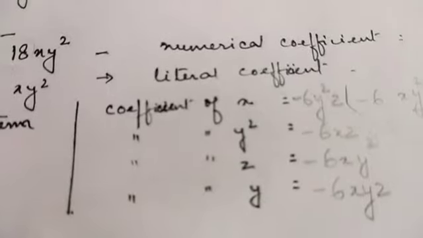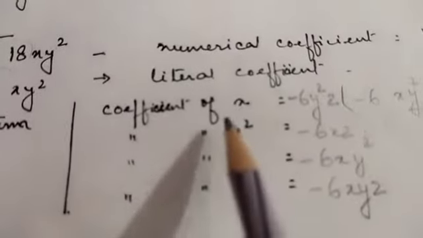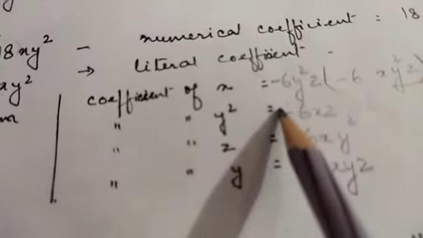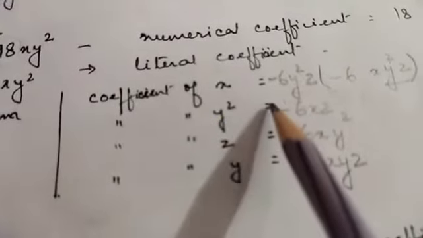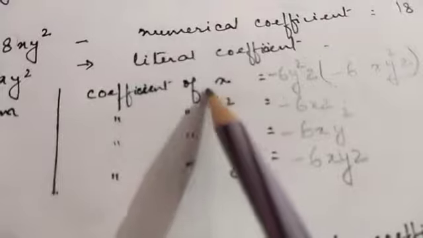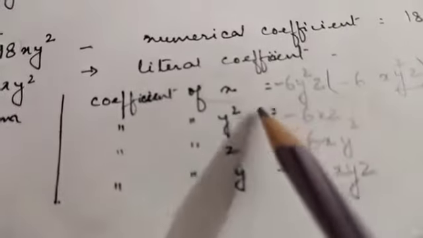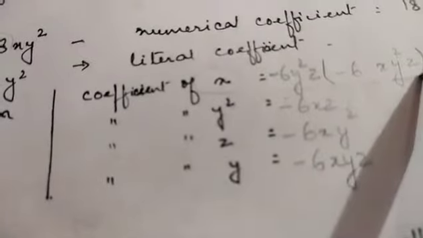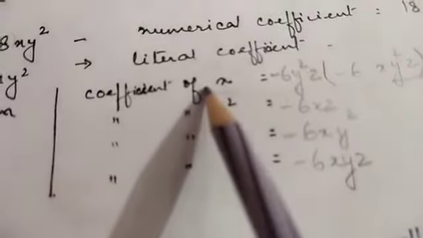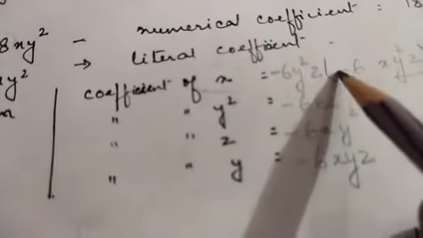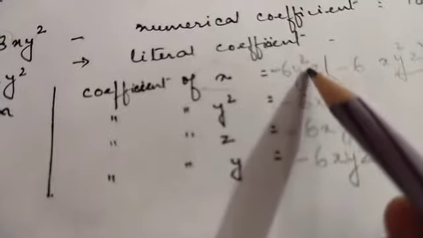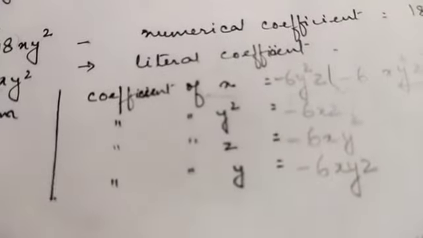Here, when we are finding out coefficient of x, what are the remaining factors? Whatever remaining factors are over here, that is the coefficient of x. The remaining factors are minus 6 y square z.